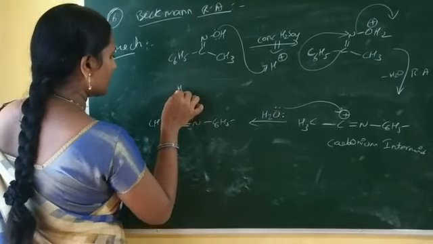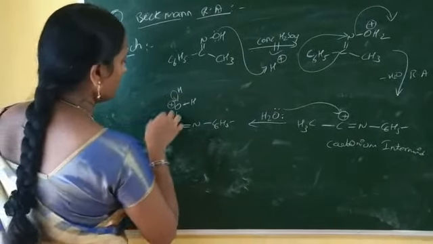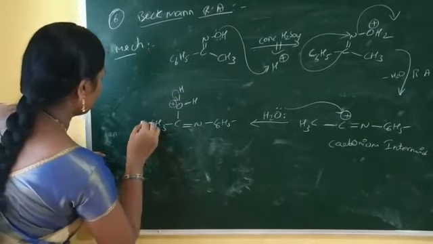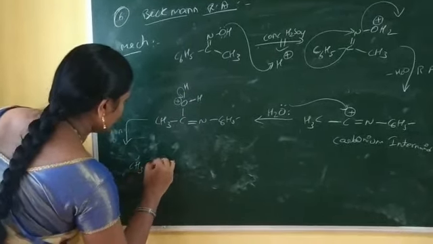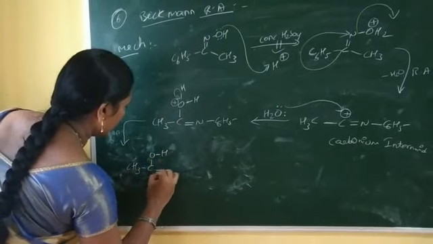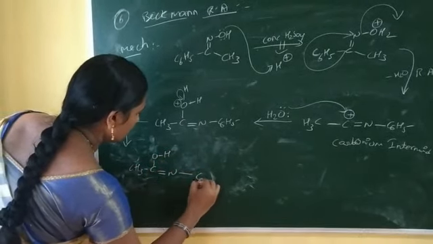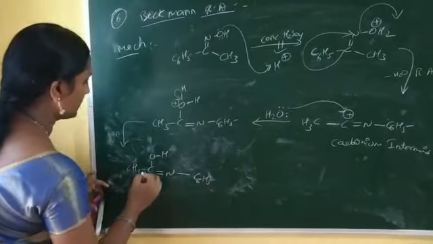Then this positive charge is nullified by the shift of hydrogen from the oxygen. The product is CH3, C, OH, and double bond N and C6H5.